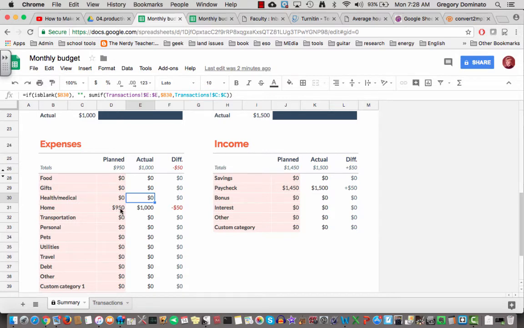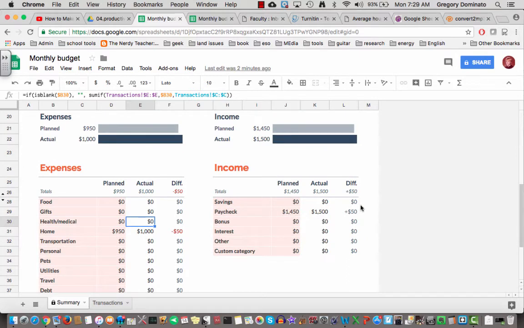Here they were planning to spend $950, they actually spent $1,000, therefore they were over $50 in their estimation, and that shows up as a negative difference. Here they were planning on making $1,450 and they actually made $1,500, so they came out $50 ahead, and that helped to balance off their overall expenses versus income.